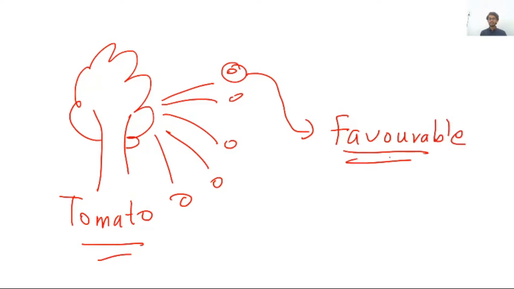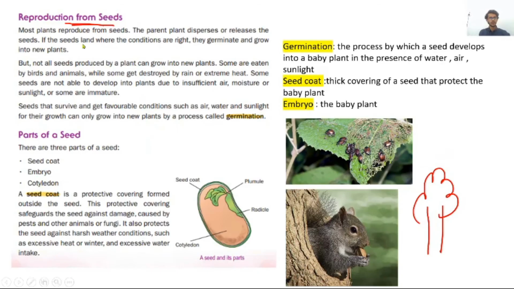Will find some favorable conditions, and if all the conditions are met, this seed will grow into a plant. Don't worry, we will read everything.